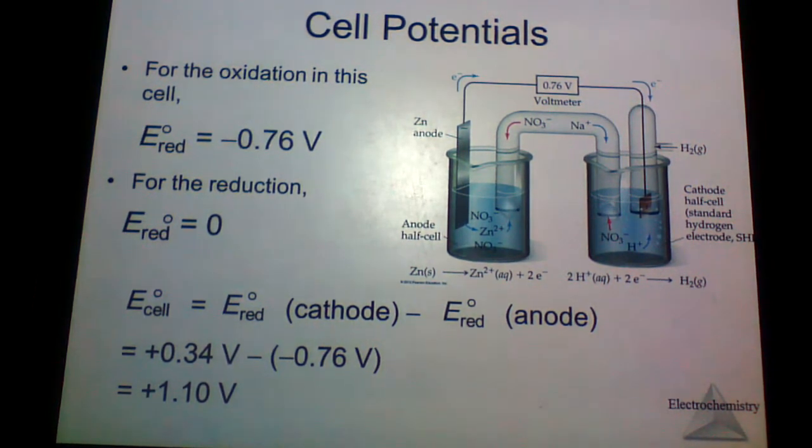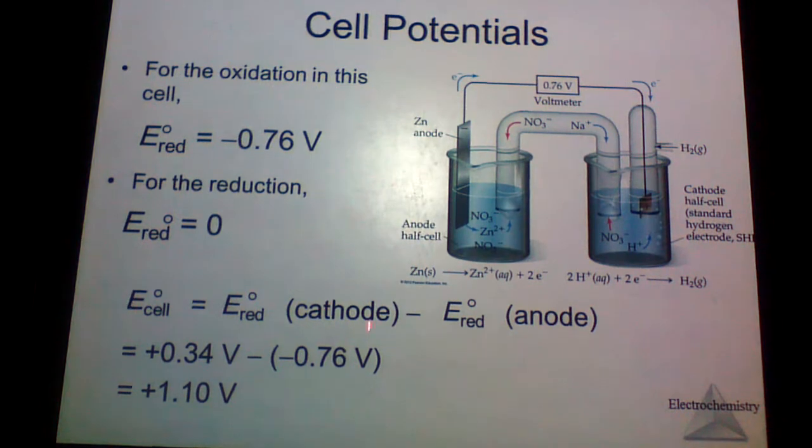At the anode we know is oxidation, at the cathode we know that's reduction. So I'm going to take 0 minus a negative 0.76 volts. So ultimately for our overall cell potential, we would get a positive 0.76 volts. And because this is positive, it means it's going to happen spontaneously.